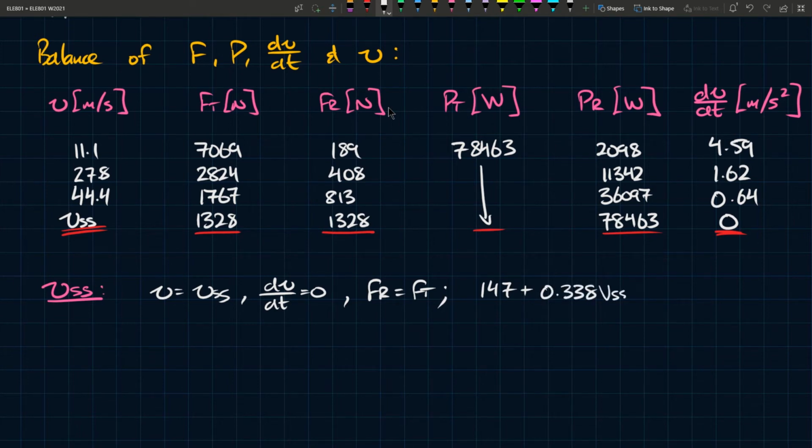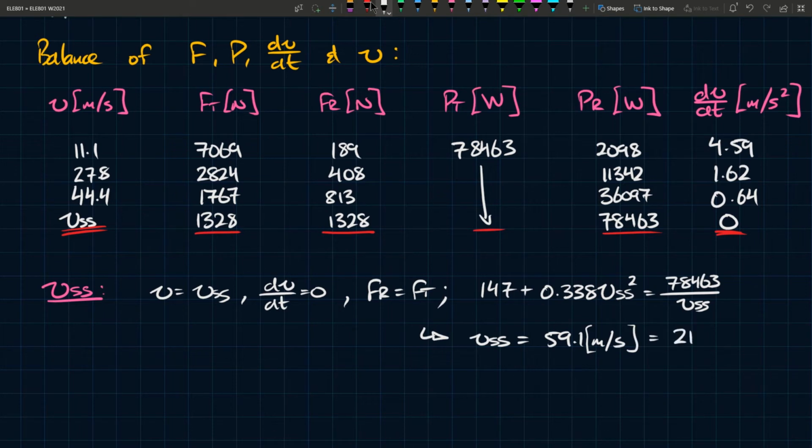And this will be VSS, lowercase v. Every now and again I forget that we're using lowercase v's for these things. VSS squared is 78463 divided by VSS.